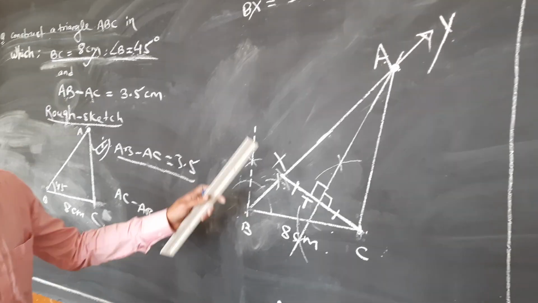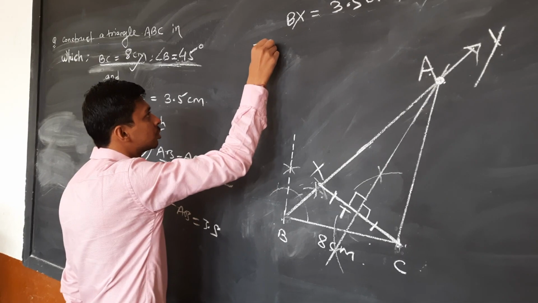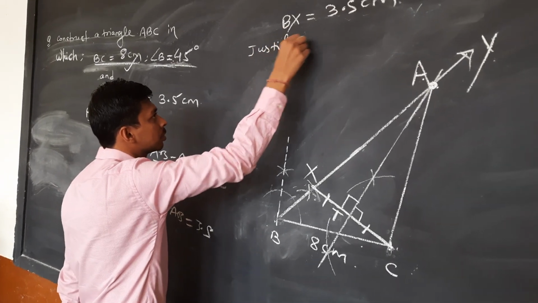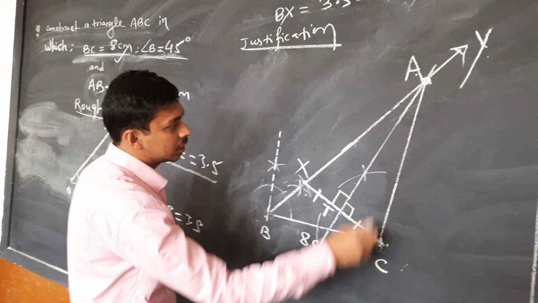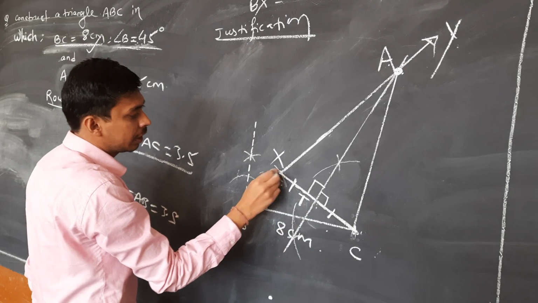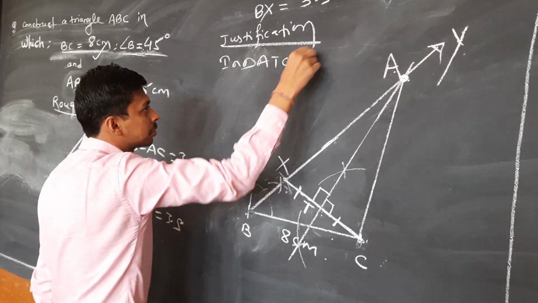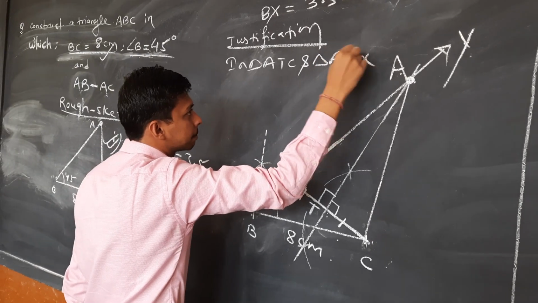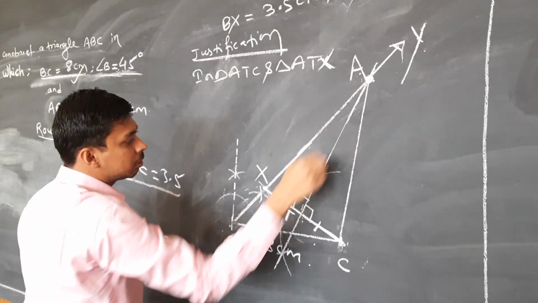Okay. Now I will do the justification part. In triangle ATC and triangle ATX, you will see AT is common in both.